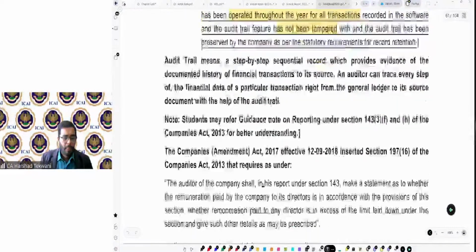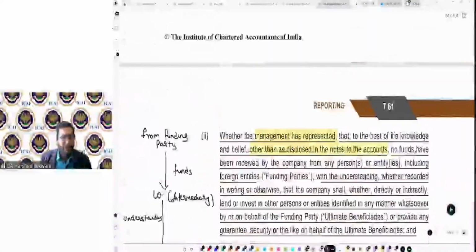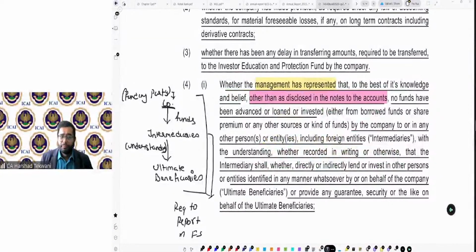Okay, so that is the reporting requirement as per section 143 of the Companies Act. Any doubt, guys? Any doubt? Any doubt?